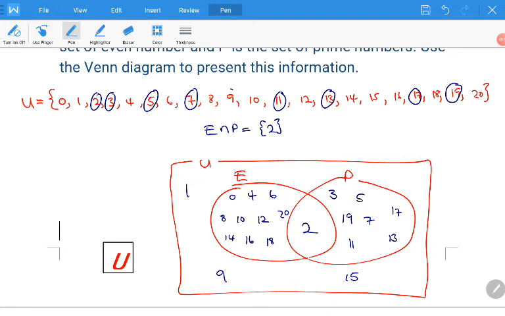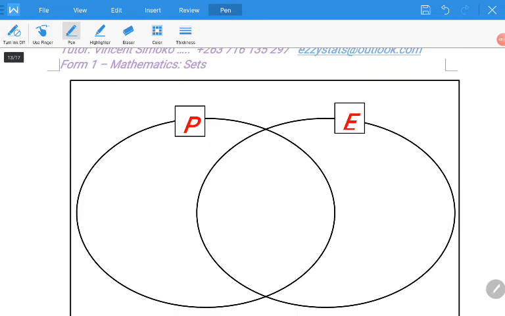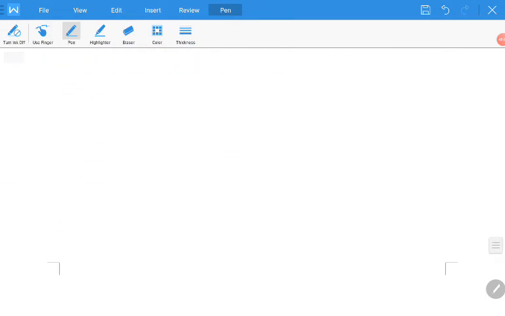So let me count. Here I have 1, 2, 3, 4, 5, 6, 7, 8, 9, 10, 11, 12, 13, 14, 15, 16, 17, 18, 19, 20, 21. So I'm now done presenting the information on a Venn diagram. I was supposed to use this graph.